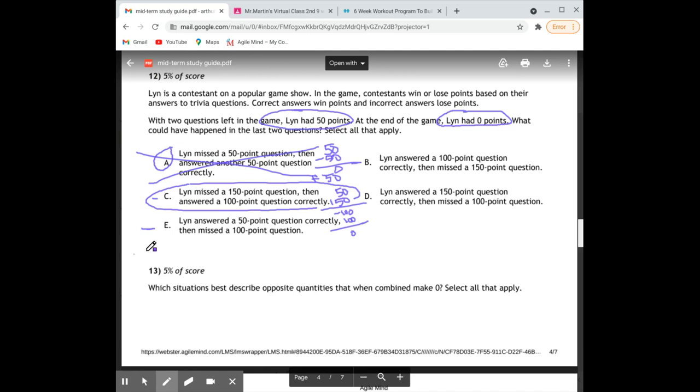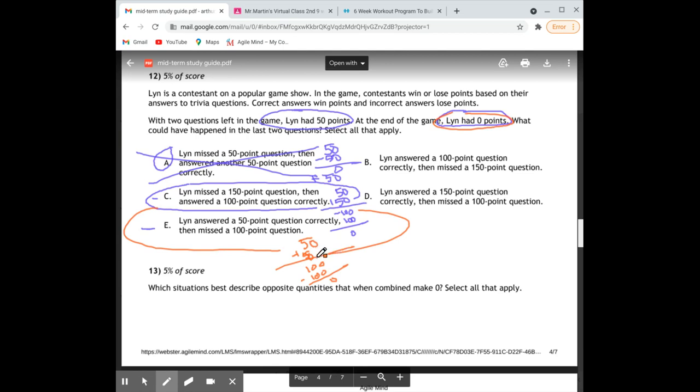Tell me why. What'd she start off with? She starts off with 50 points. All right. And then it says she answered one correctly, so we would add 50. And then it says she misses one that's worth 100, so we would have to subtract 100. So what's 100 minus 100? 0. All right. And that says that's what we're looking for. So that has to be correct.